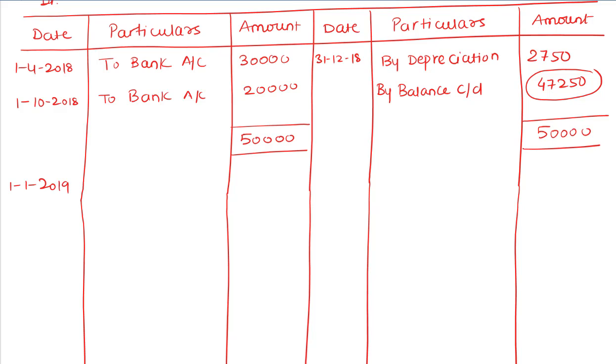1st January 2019, to balance brought down 47,250.